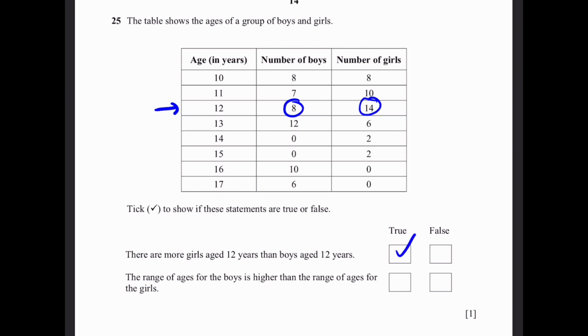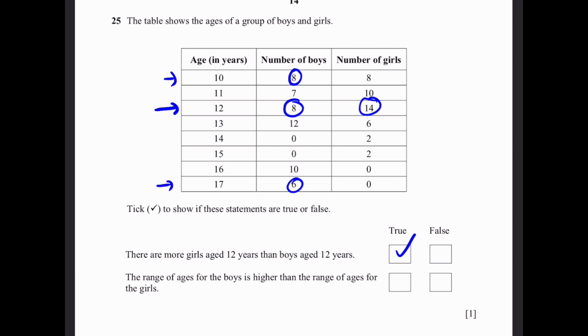Next one. The range of the ages for the boys is higher than the range of ages for the girls. The range of ages is the biggest minus the smallest. The biggest is 17 for the boys, and the smallest is 10, because there are 8 boys with 10 and 6 boys with 17. 17 minus 10 is 7.